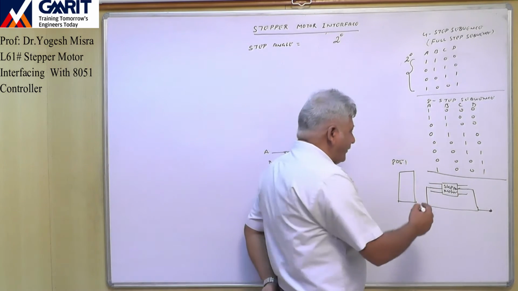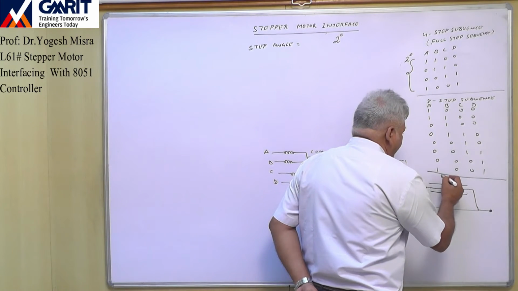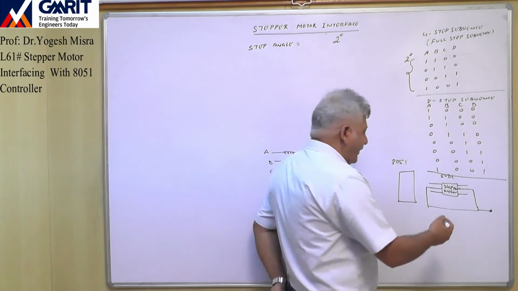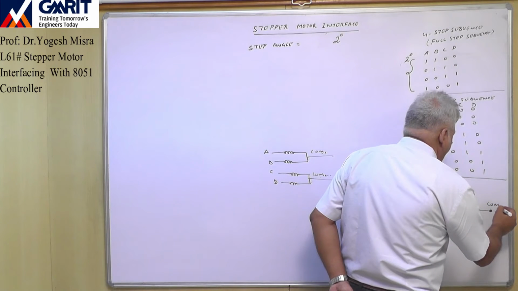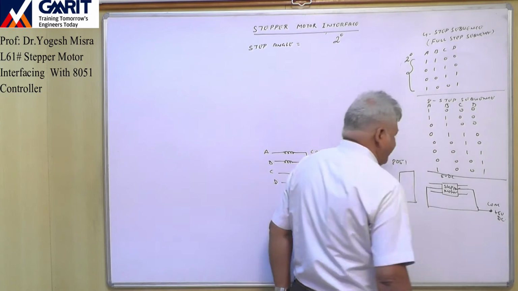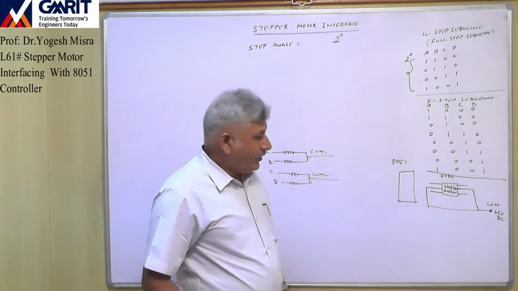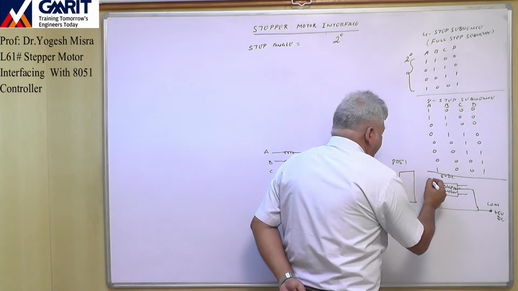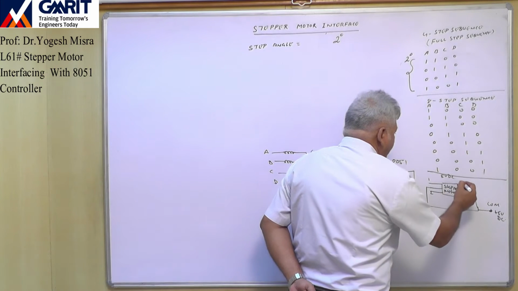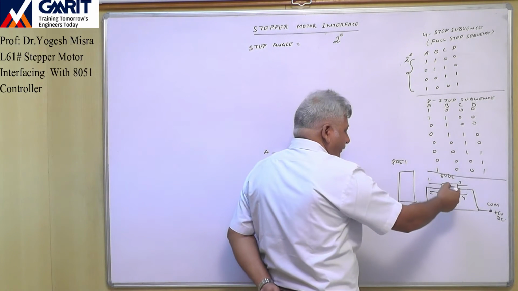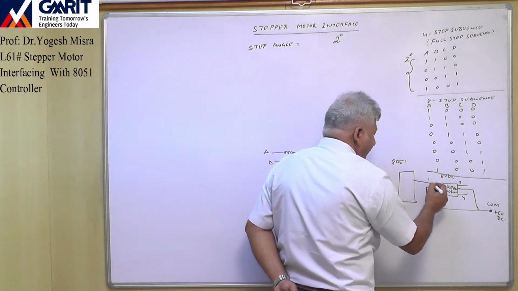Suppose we have a stepper motor of 5 volt DC. Then we will connect this common with plus 5 volt DC. Now there are 4 wires in the stepper motor. These will be connected with the microcontroller.